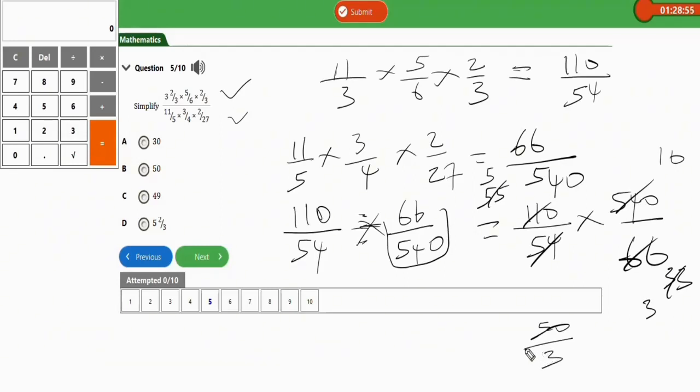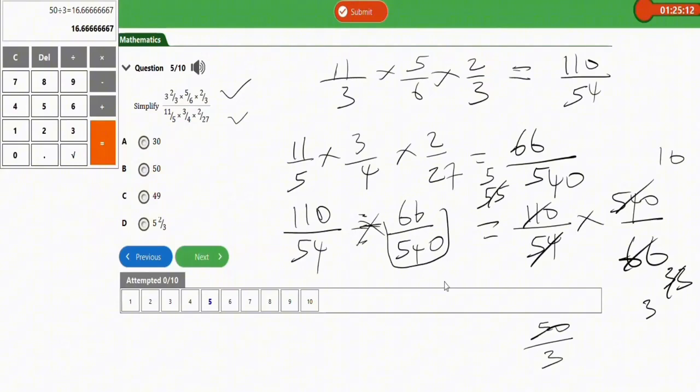Okay, so basically our final result for this question will be 50 over 3. Let's punch it in the calculator here. So we have 50 divided by 3. What's the output? We have it to be 16.66.